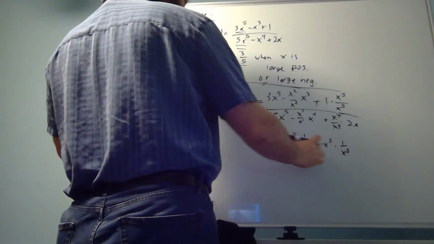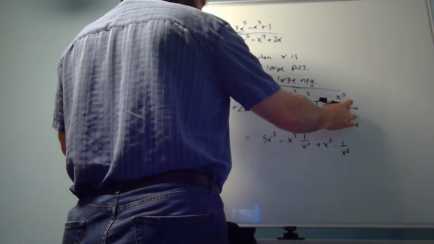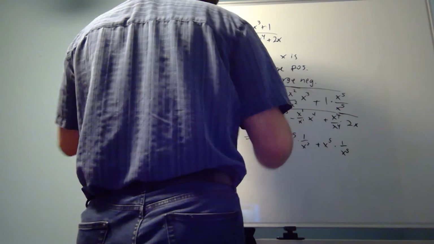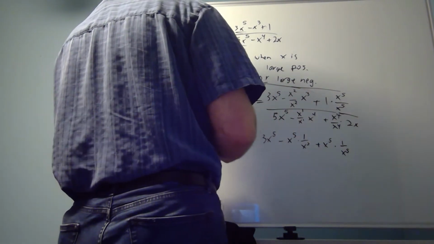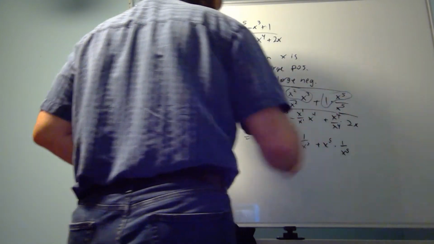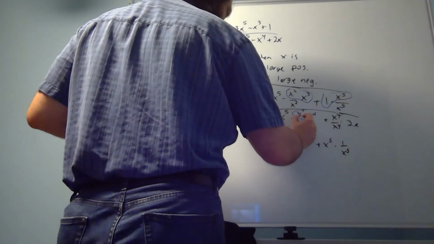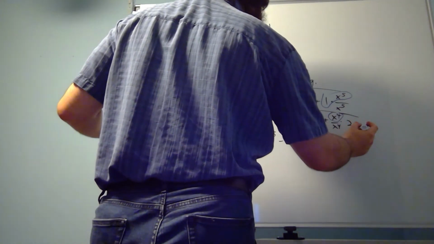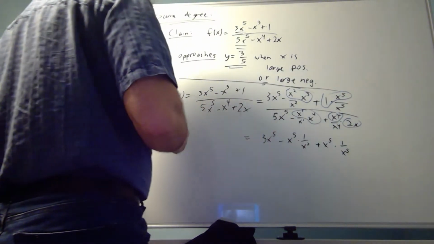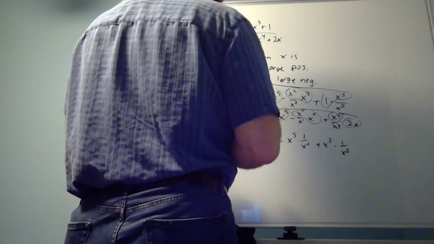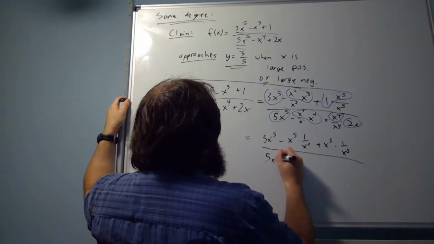So I want to factor out this x to the 5th, but then what do I have left over? I have what I have originally, but then I want to have x to the 5th total. So we've got 5x to the fifth.